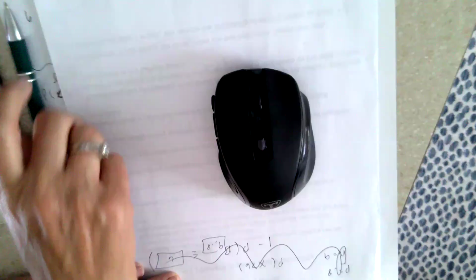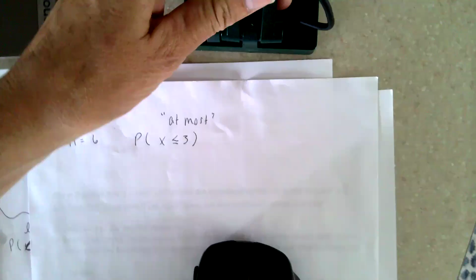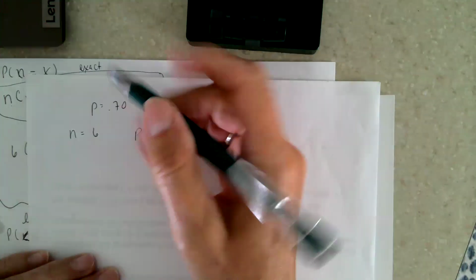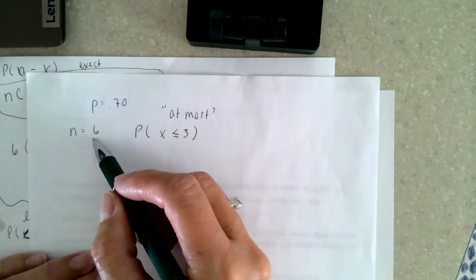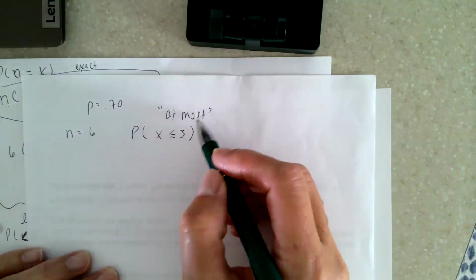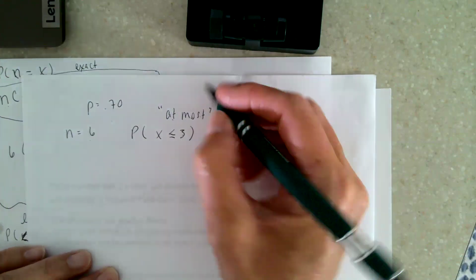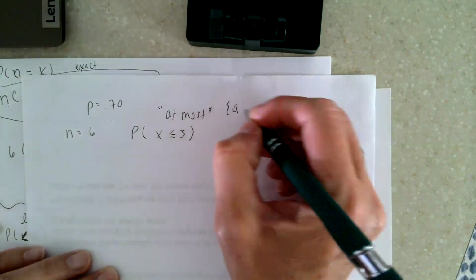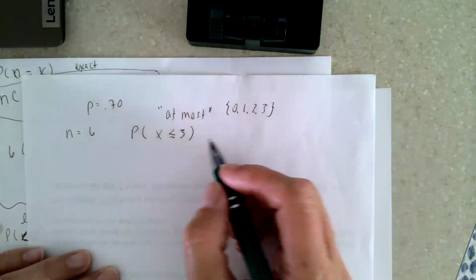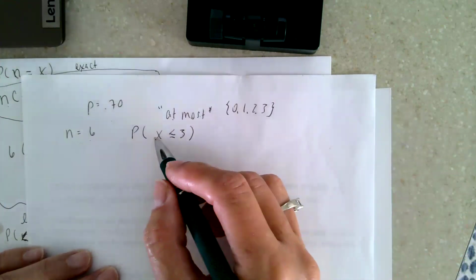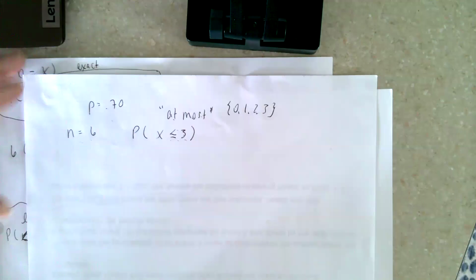So I always write down what I'm looking at, what I'm working with. So our probability of success is 0.7, and we're sampling 6, and we want at most 3. So at most 3 would include 0, 1, 2, and 3, because it says at most 3. So we're looking at the probability of X being less than or equal to 3.